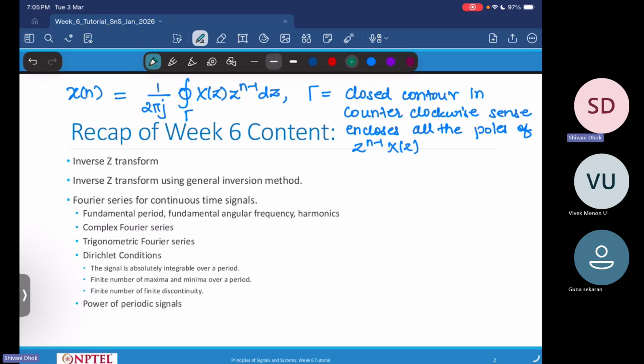Note that this contour is a subset of the ROC. It is contained in your region of convergence.